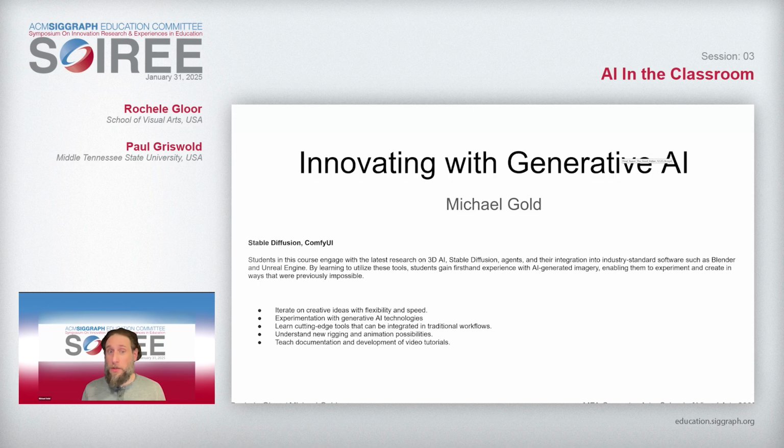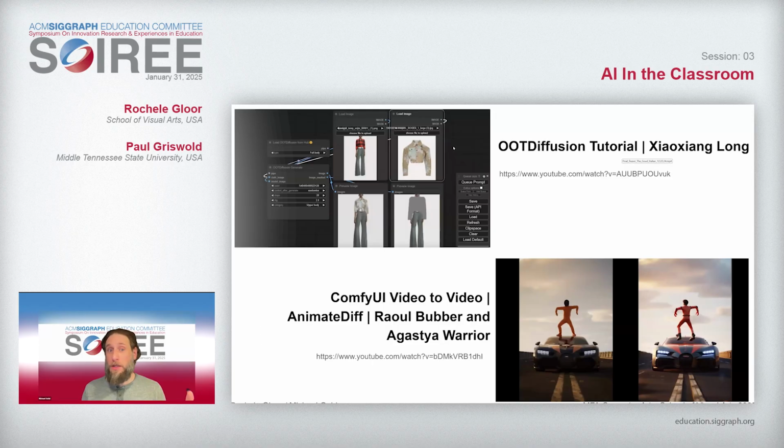In the lab classrooms, we have 20 computers with NVIDIA 4090s on them. They're great, and they can do a lot with the open source models. Originally we did it with Automatic 1111. For the last 2 years, we've been doing it with ComfyUI.